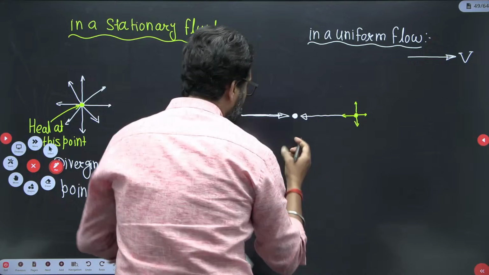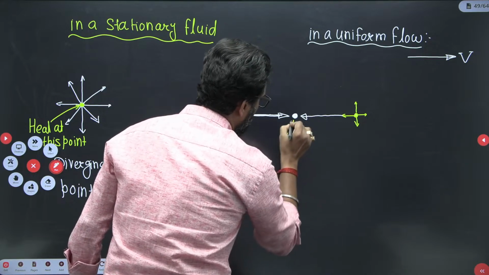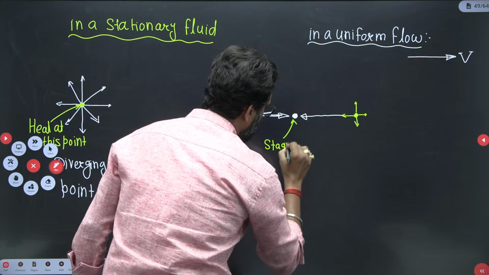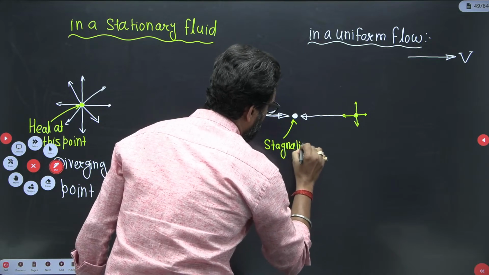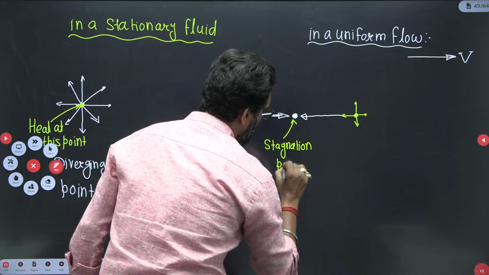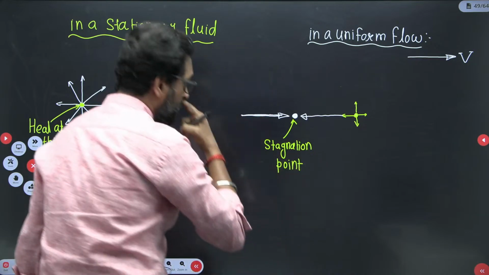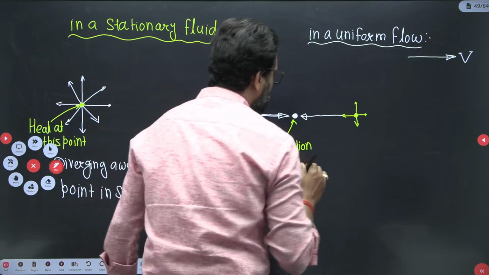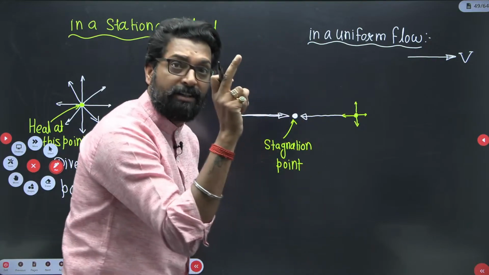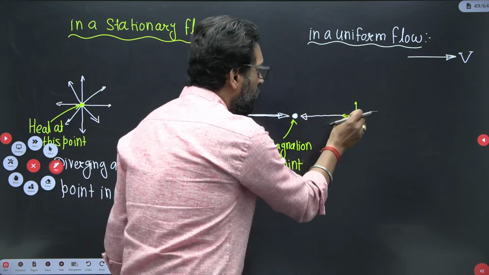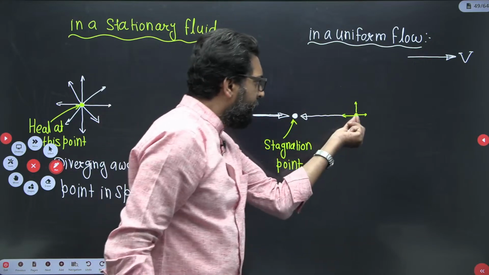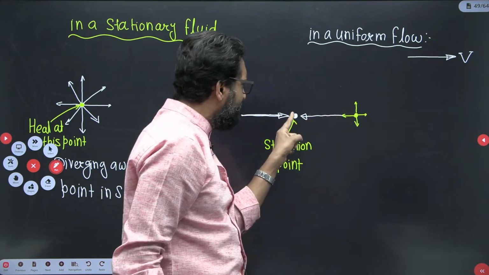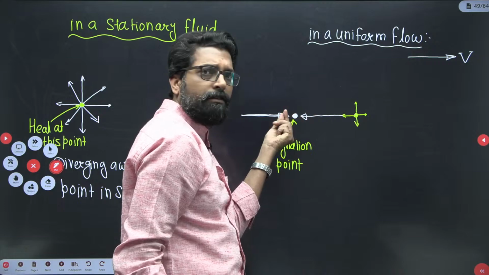So this is your stagnation point. Now, my dear, at this stagnation point, the fluid is not diverging. Why? Because at that point it diverges positively, but at this point there is a convergence.